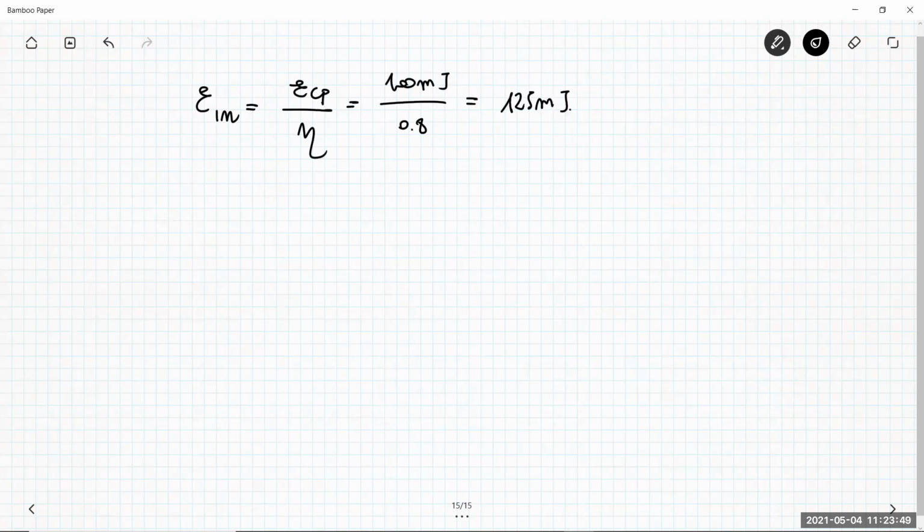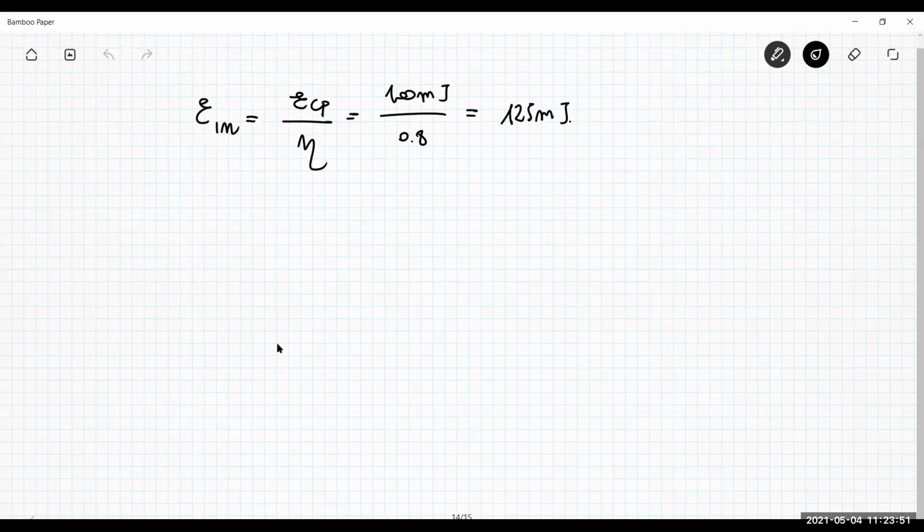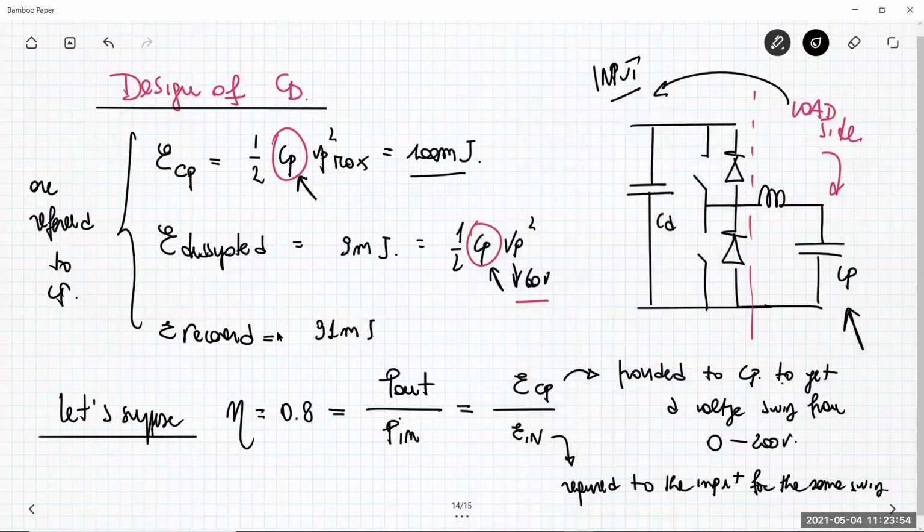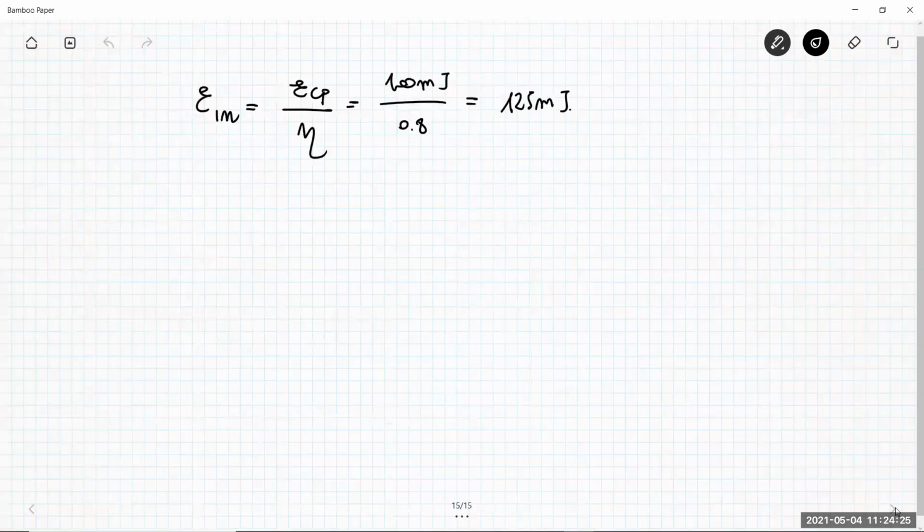So if 100 millijoule is the energy that must be provided to Cp for having a voltage rise across it from 0 to 200 volt, these quantities evaluated at the input side, so the energy that I have to provide from the input side to get this voltage excursion at the load side is a little bit higher, due to the efficiency, which is not 1, is less than 1.